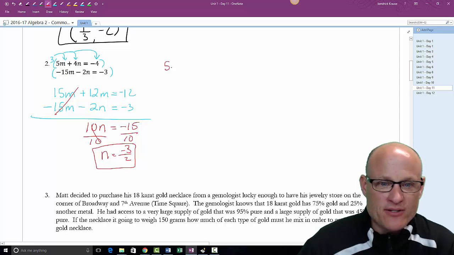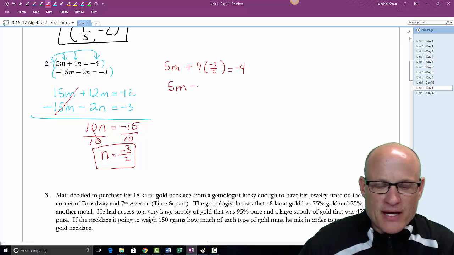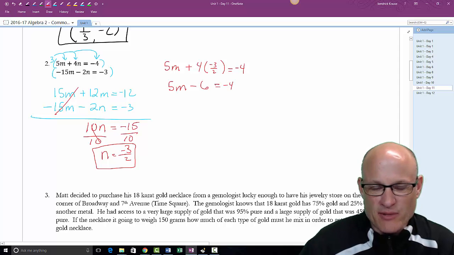So I'm going to do 5m plus 4 times negative 3 over 2 equals negative 4. So 5m minus 6 equals negative 4, because that's minus 6.